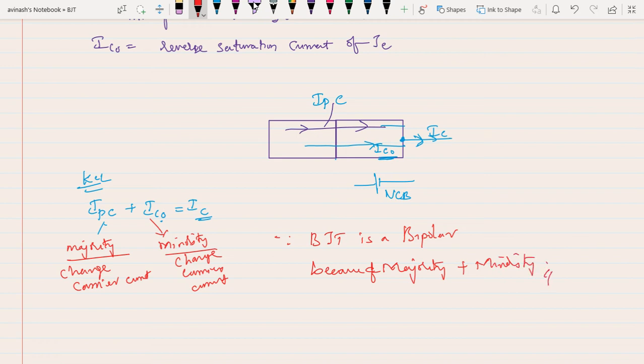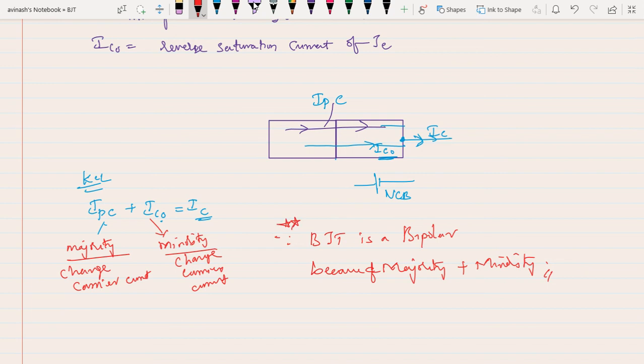Hope this point is clear. So in a BJT, collector current is a combination of both majority and minority carrier currents. Hence BJT is a bipolar device. From this point you can understand that point.